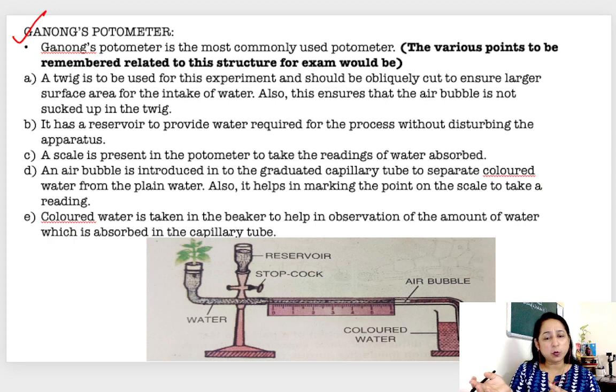Then there were set A and set B, and then one year there was no paper, and then the paper pattern totally changed in the previous paper, and the latest sample paper which we received also has a different pattern. So there is a change in how they are asking questions. What I've seen so far is that Ganong's potometer was not asked, but earlier it was a very important question for the ICSE board paper.